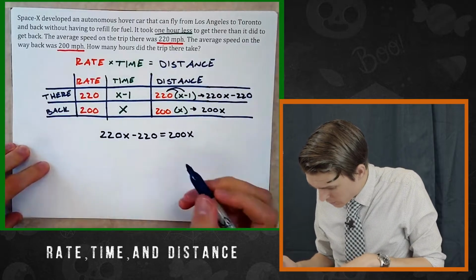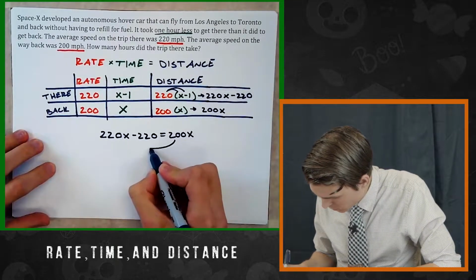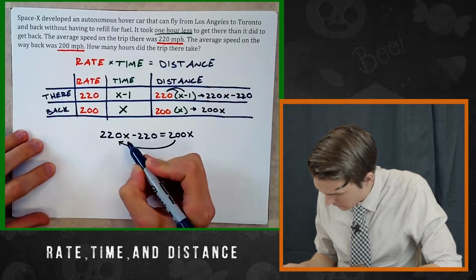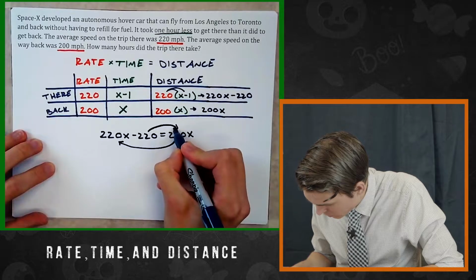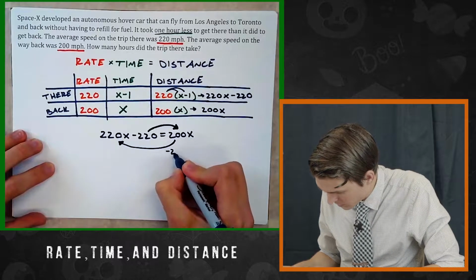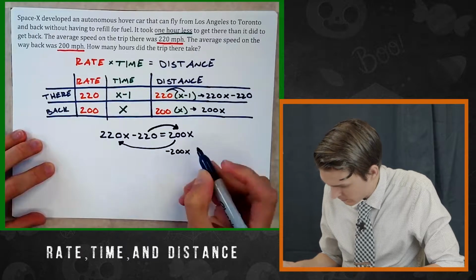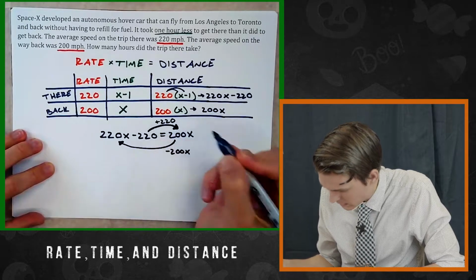So we want to combine like terms. I'm going to want to move this 200x over here, and then this I'm going to want to move over here. Kind of like a little recycling thing going on here. So if I move this over here, I'm going to be subtracting 200x. And then here I'm going to be adding 220.